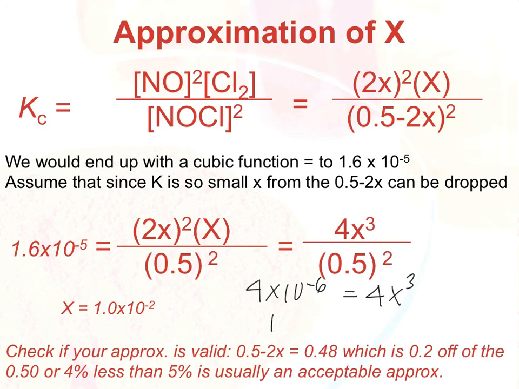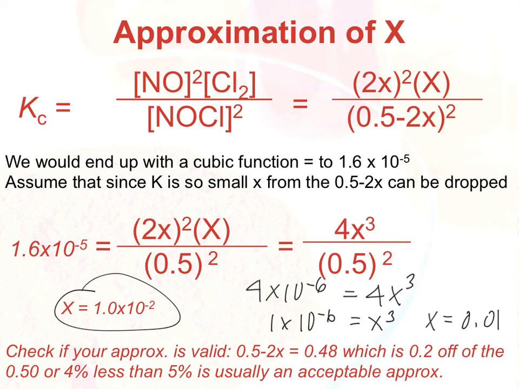Okay, and that's going to give us 1 times 10 to the negative 6th is equal to x cubed, right? And basically we get rid of that x cubed by taking the cubed root of both sides. So our x value is going to equal 0.01 or 1.0 times 10 to the negative 2. Okay, so this is what we've calculated.